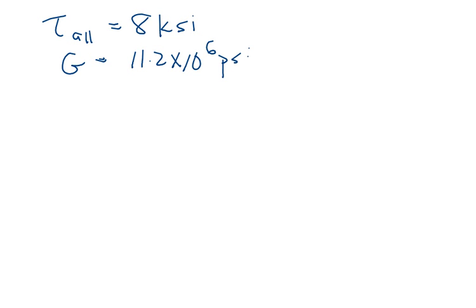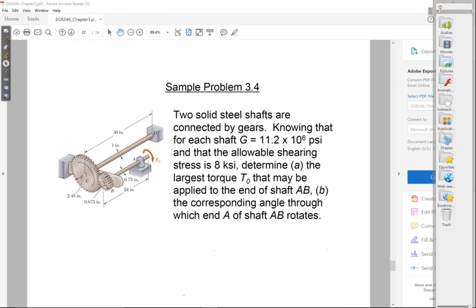Let me double check all of this. 11.2 times 10 to the 6 PSI, right, 8 KSI. The radius in shaft CD, let's not use R, because R is used for the radius of the gears, but the radius in shaft CD is 1 inch, the radius of AB is 0.75 inch.